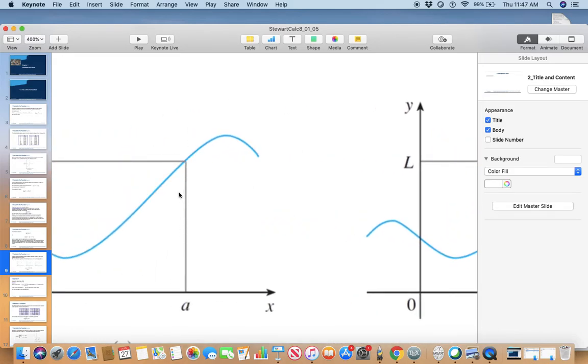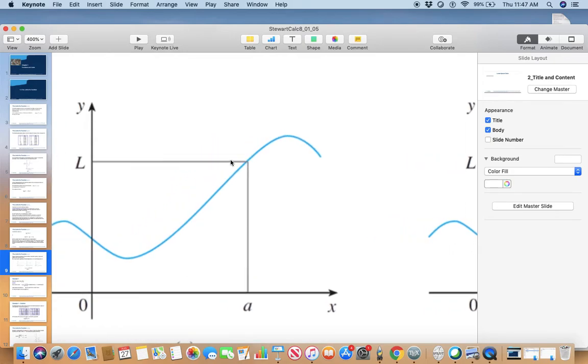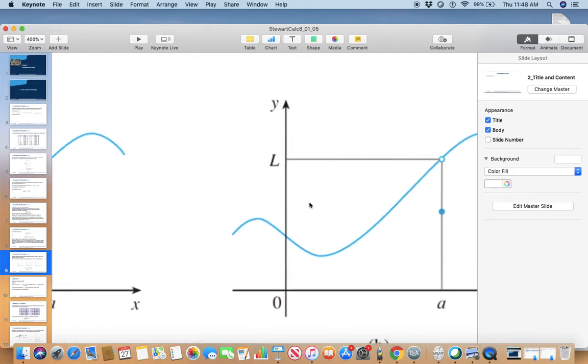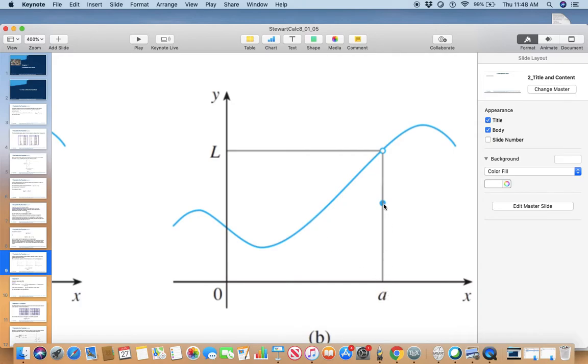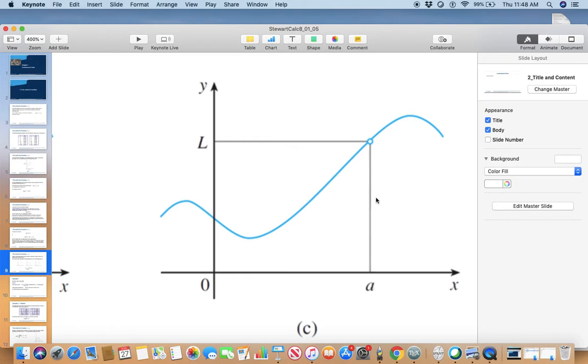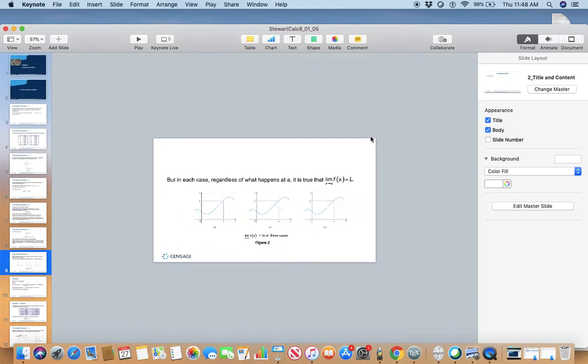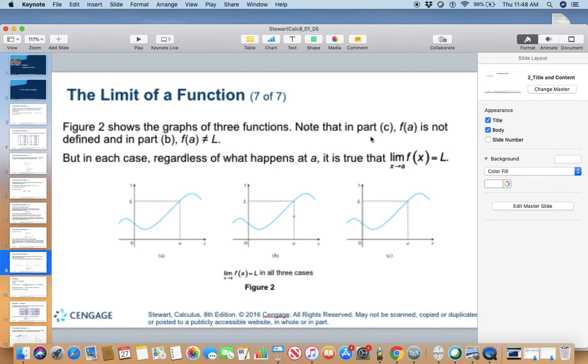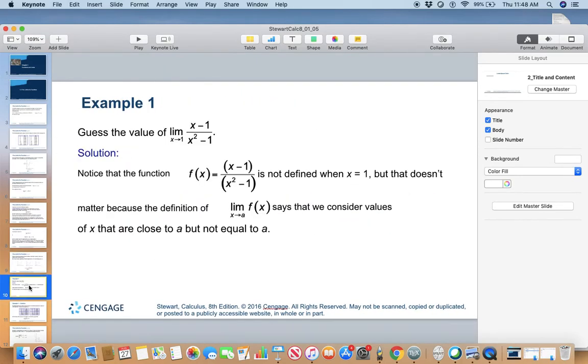The value at a is also L. Here, the value at a is not L, it's somebody else, but the limit is L. In the last one, the value at a is not even defined, but the limit is defined and the limit is L. This is the limit from the left, this is the limit from the right.